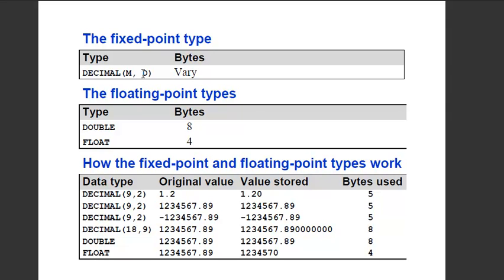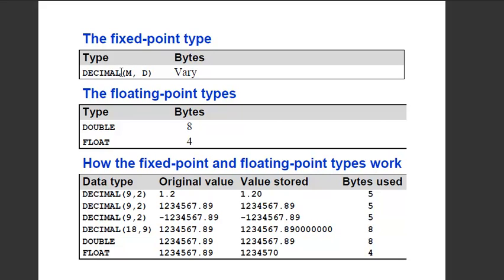This is called fixed point notation, and the number of digits stored to the right of the decimal point is sometimes called the scale of the number. The total number of digits is sometimes called the precision of that number. So, a little bit of terminology here.